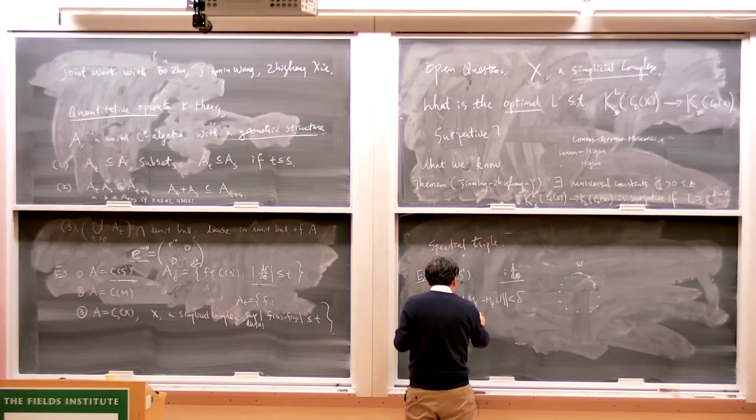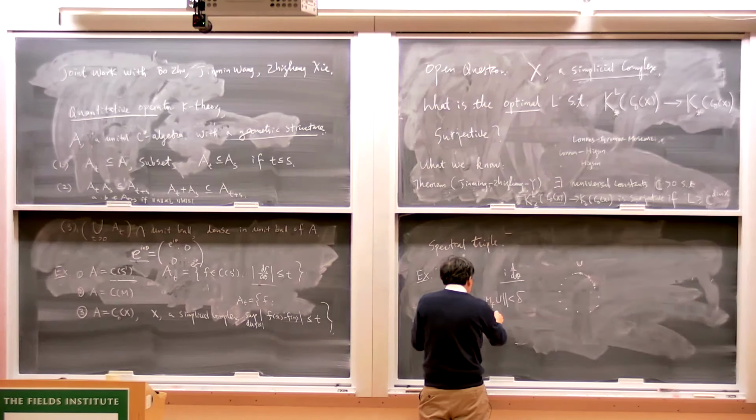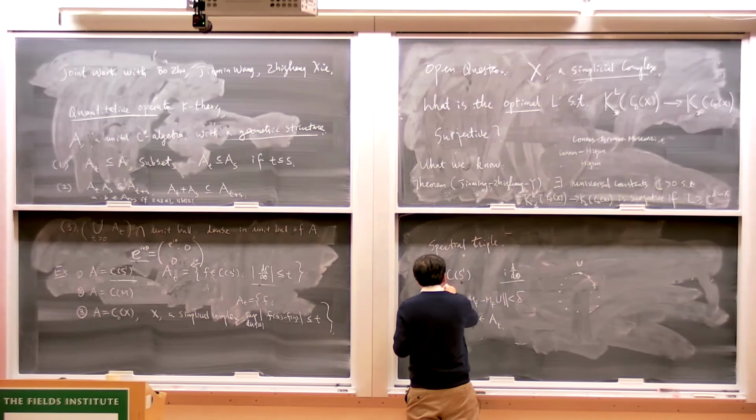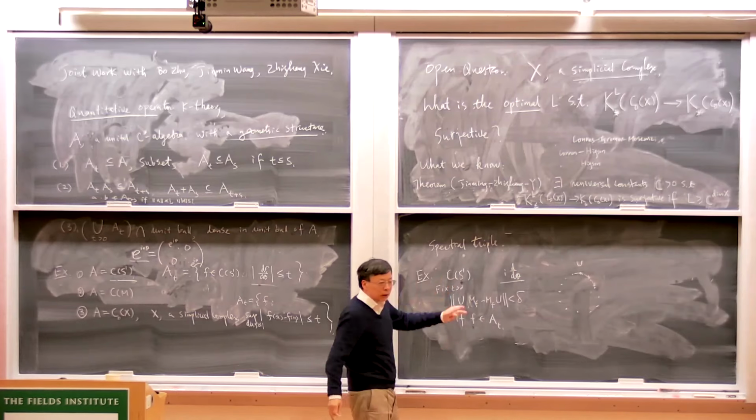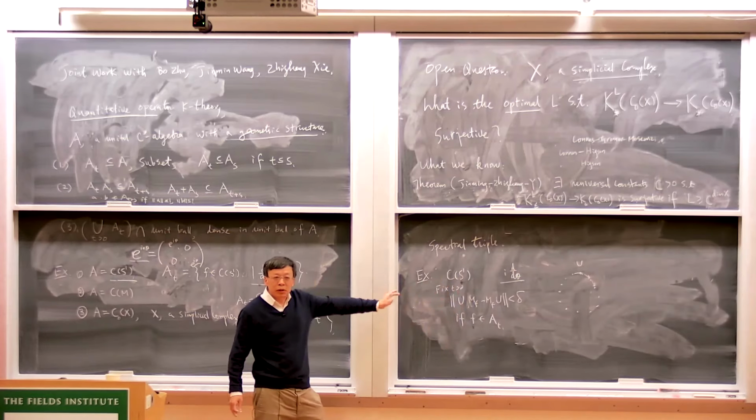But if f is restricted, I fix a t. So this is essentially what quantitative K-homology is.